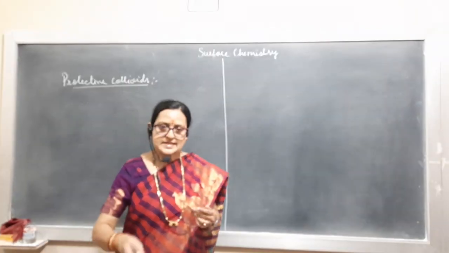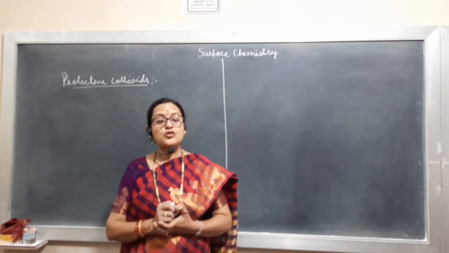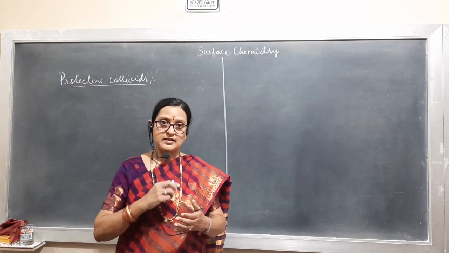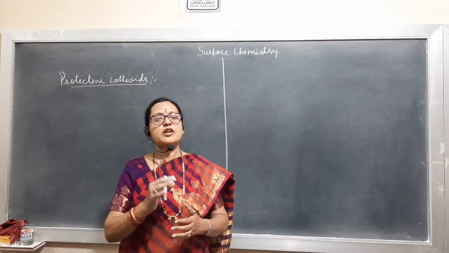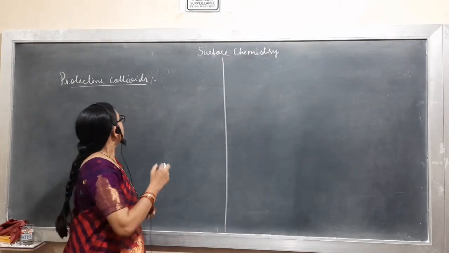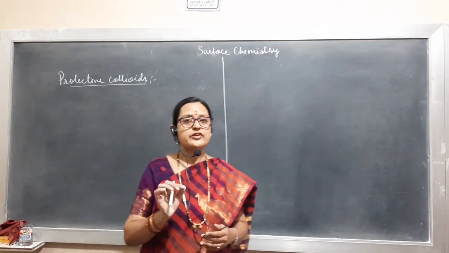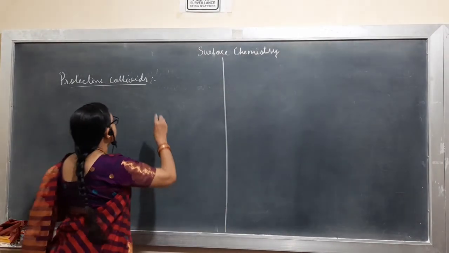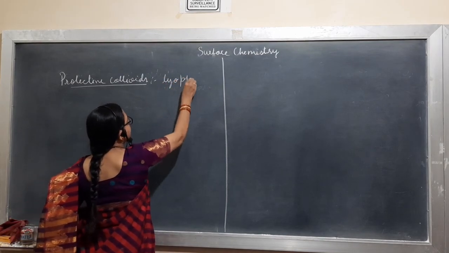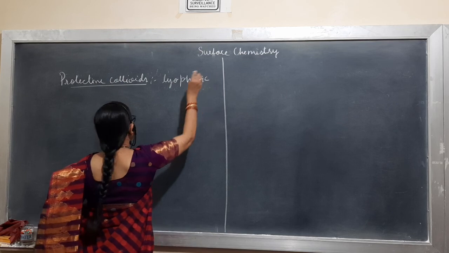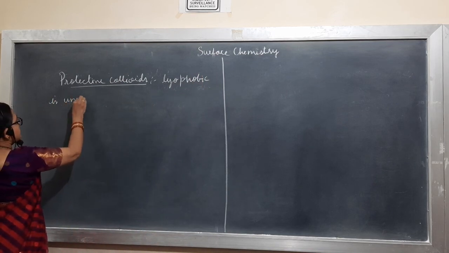So, to make them stable, we can add a lyophilic sol. What the lyophilic sol does is it makes a protective cover on the lyophobic sol. So, this lyophilic sol is called a protective colloid. What happens here is lyophobic is unstable.